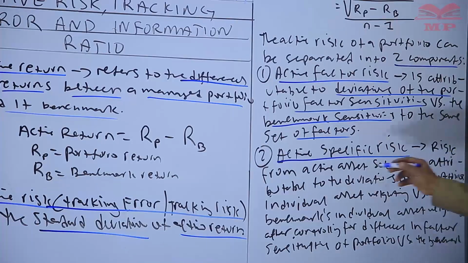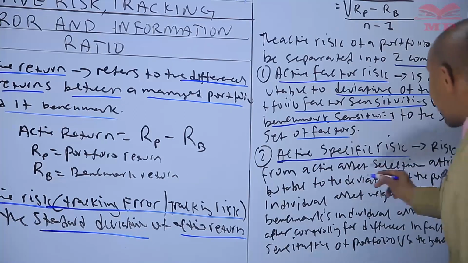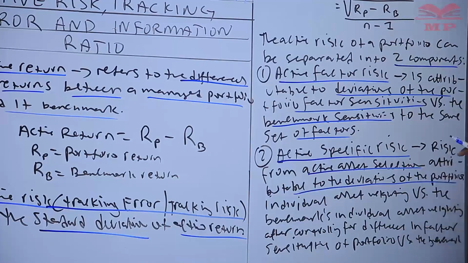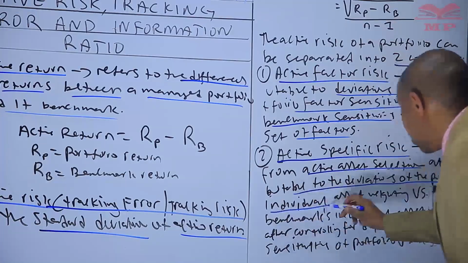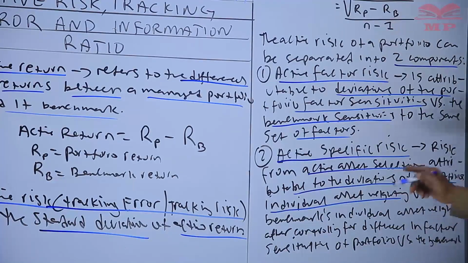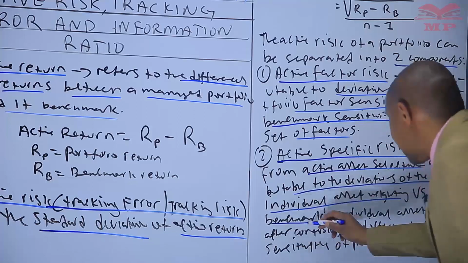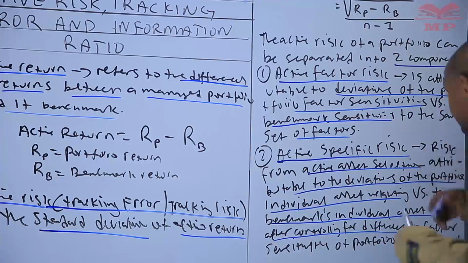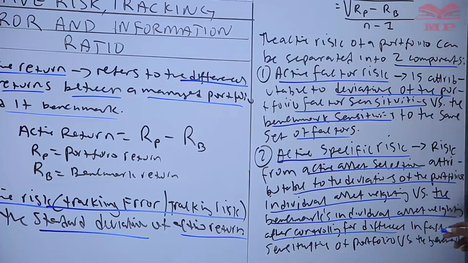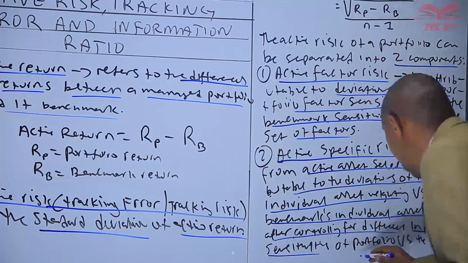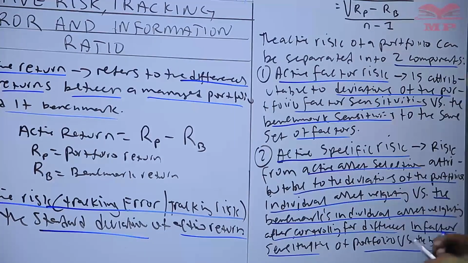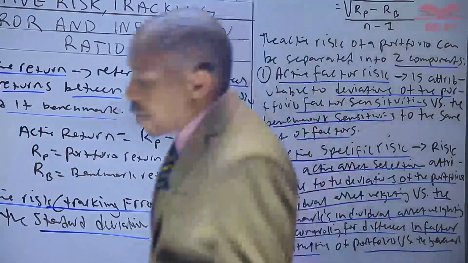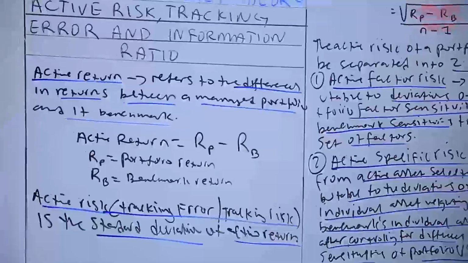Risk from active asset selection is attributable to the deviations of the portfolio's individual asset weighting versus the benchmark's individual asset weighting after controlling for differences, because there'll be differences in factor exposures or factor sensitivities of the portfolio versus the benchmark. So having discussed that, we can move over to this other side and discuss something else.